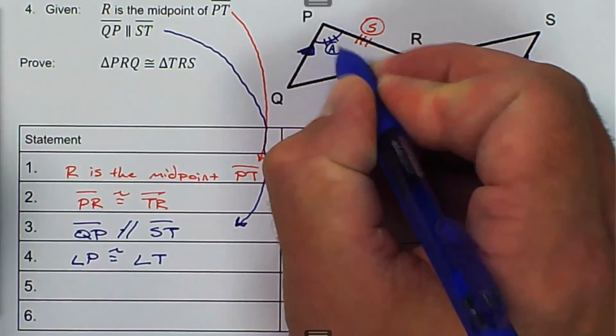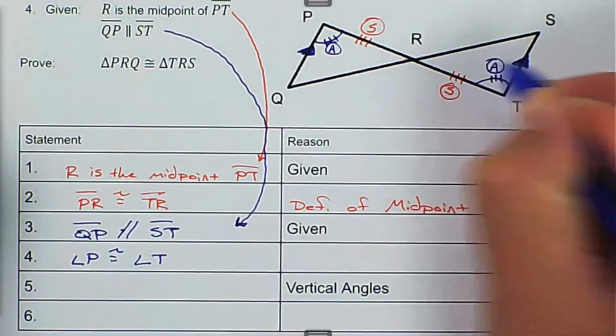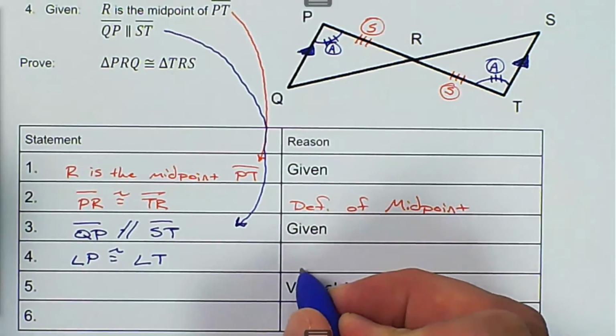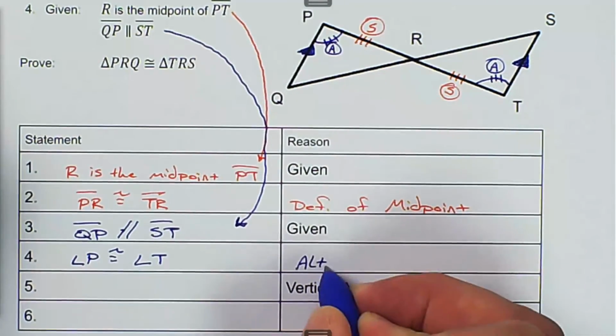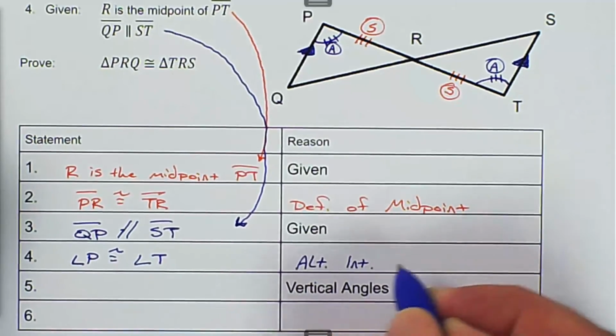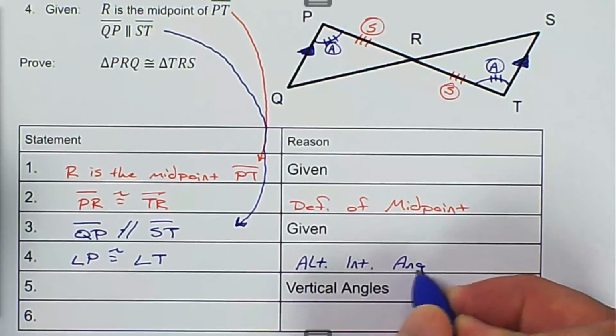And that is an angle. And the reason that we can say that is because of alternate interior angles.